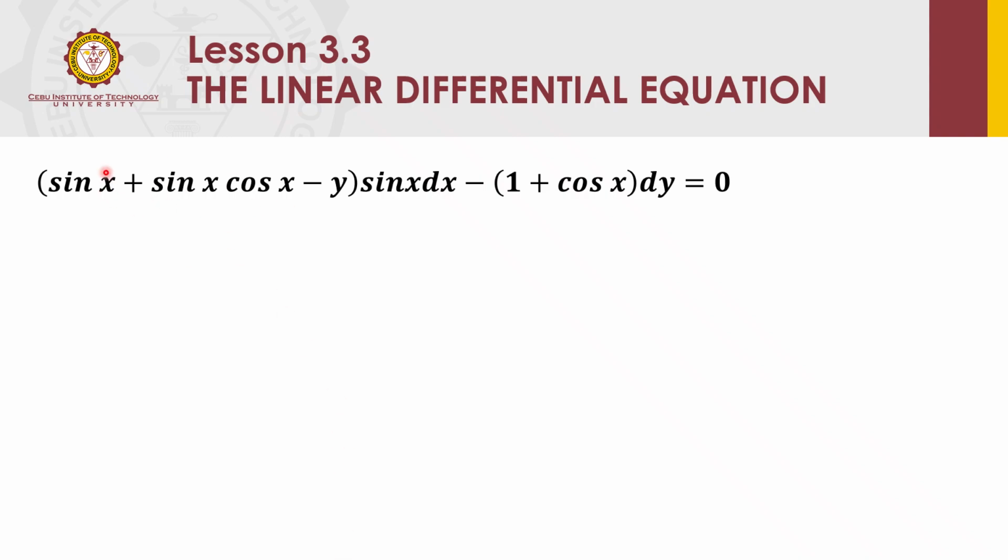So for the dx term, we have 3 terms versus the dy term, which has only 2 terms. So unlike in the first example, we need to really look into the functions here closely because this is not yet arranged according to standard form.